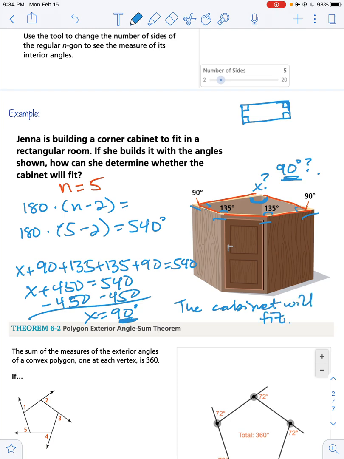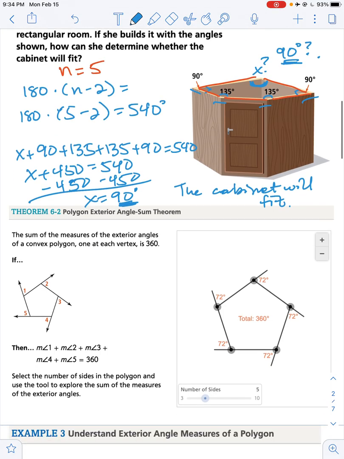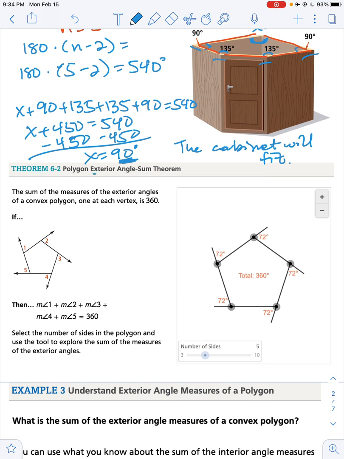Okay. All right. Now, our next one. The Polygon Exterior Angle Sum Theorem. This theorem says that the sum of the measures of the exterior angles of a convex polygon, one at each vertex, is 360. What does that mean?